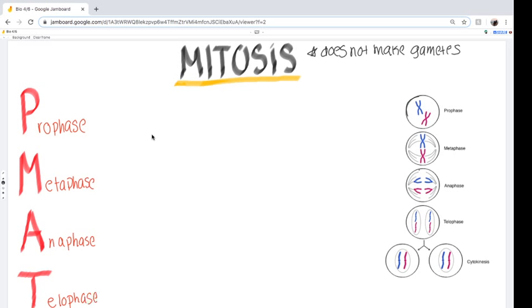The first stage of mitosis is prophase. Prophase means before, so that's how I memorized that this is the first phase. In prophase, the nuclear membrane starts disappearing and the chromatin condenses and becomes more visible. If you see the diagram on the right, you can see that the nuclear membrane is disappearing so that the chromosomes can condense.